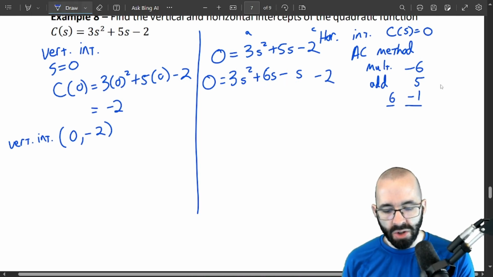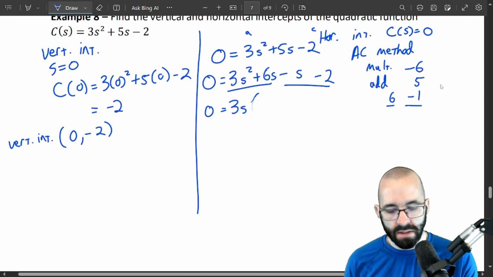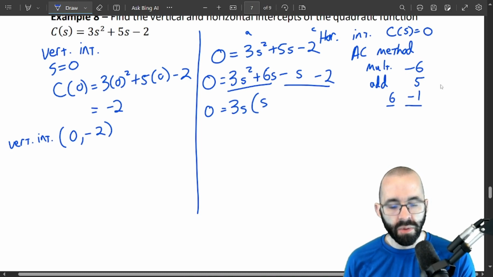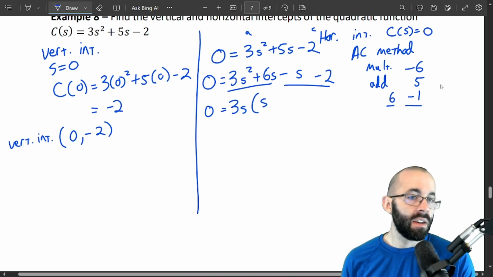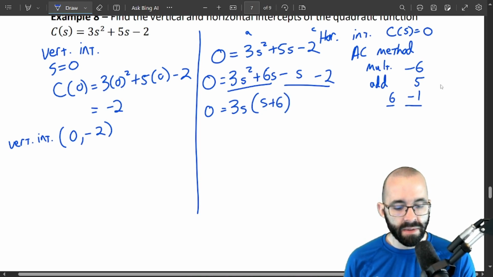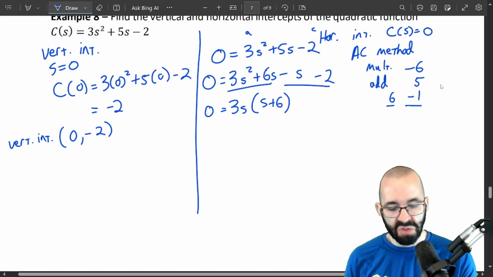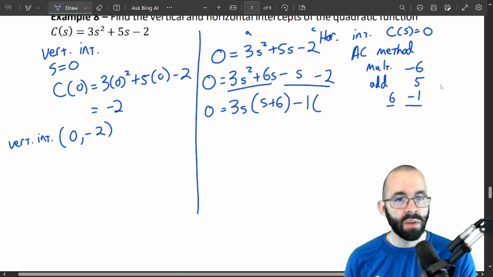Once we split up the middle term, we can factor by grouping. Group the first 2, what can we factor out? A 3s. What are we left with when we factor out a 3s? We're left with an s on the first one and just a 6 on the second one. In our second group, what can we factor out? Just a -1.